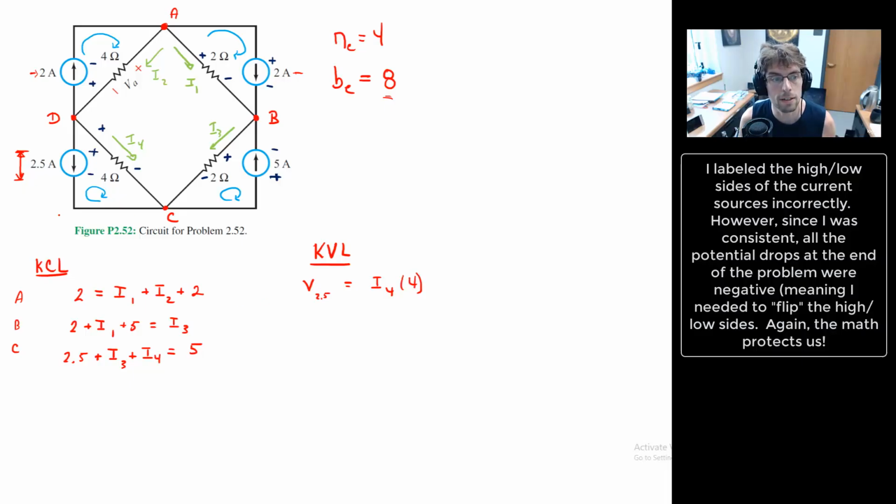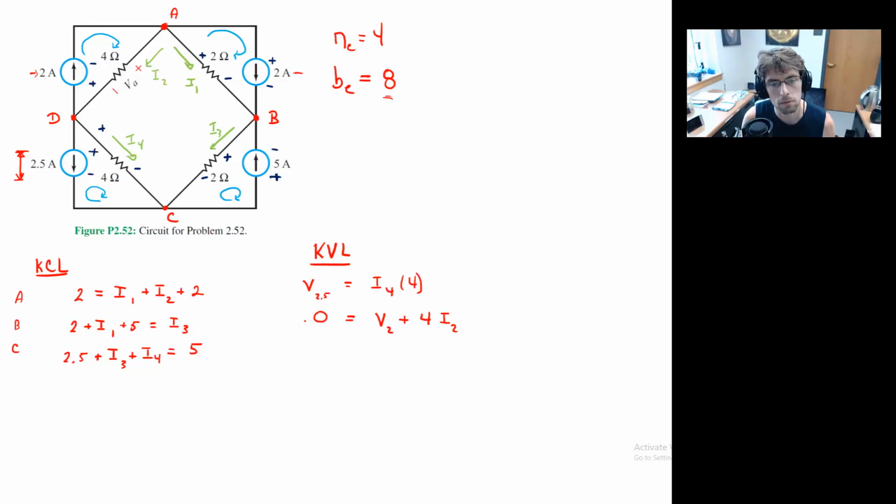And then we're back to the beginning again. So we're done. Sweet. How about the upper left? Well, I have a drop of the 2 amp source, so I'll put V of 2 amps. Keep going around. I have a drop of the 4 ohm, so I get plus 4 I2, and that will equal 0.